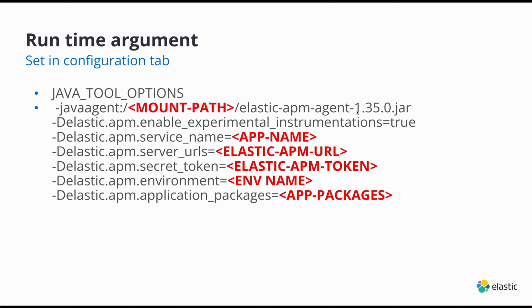You have to upload your agent to the Azure container, under jars, the dash jars, which is what I named mine. Then you just call it your app name, call it whatever you like, your Elastic APM URL, which is what we found on the previous screenshot, your token, your environment name, production, development, sandbox, and then the packages, whatever packages you plan to capture for APM, like org.example, whatever it is, and you can comma separate them.